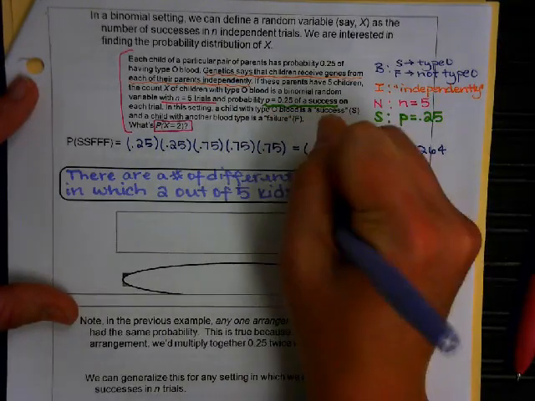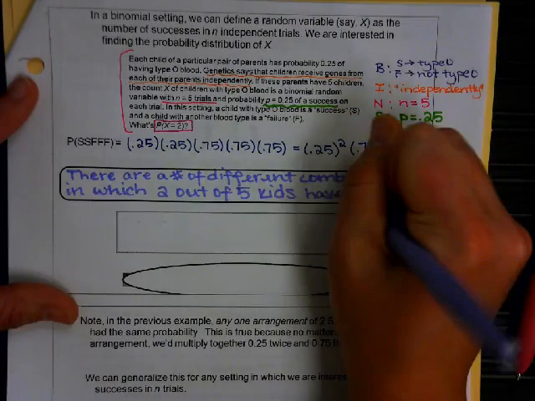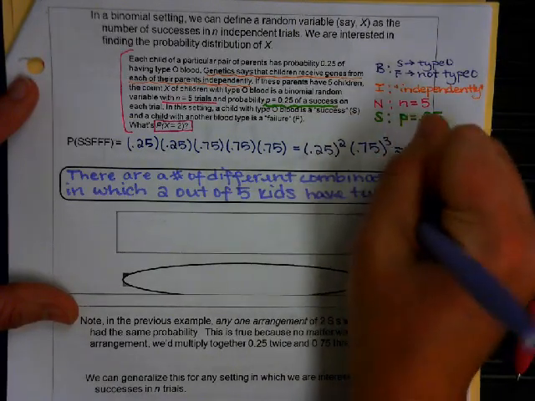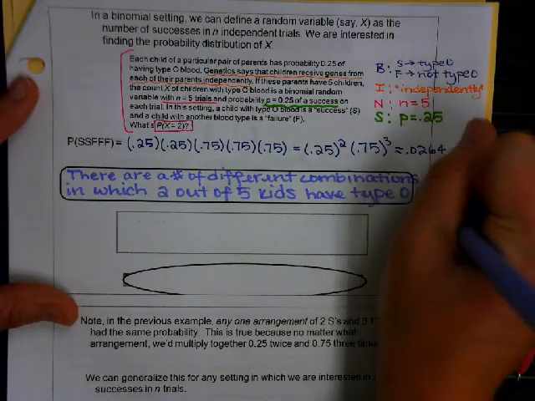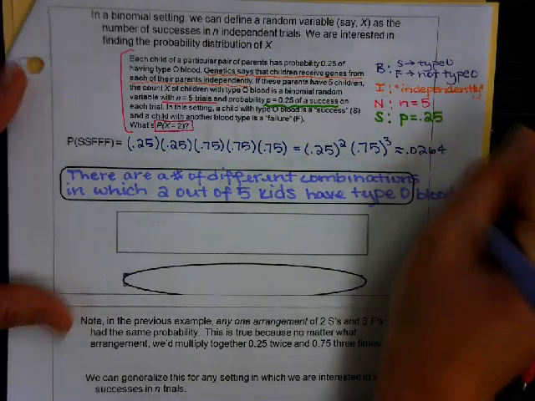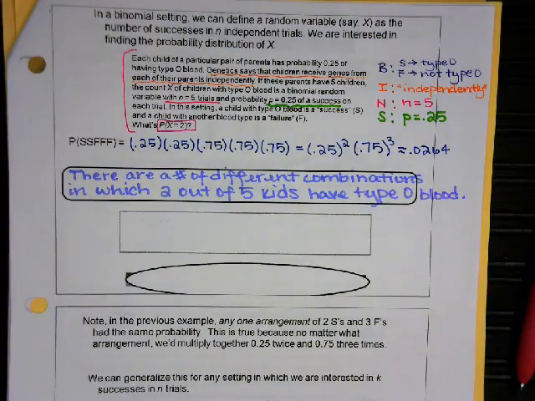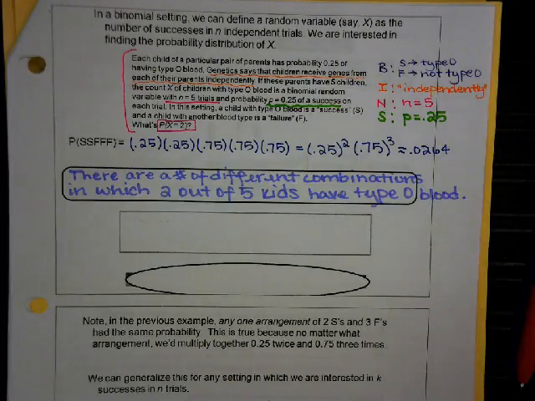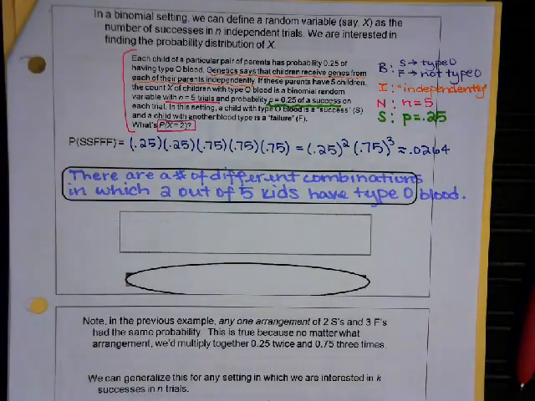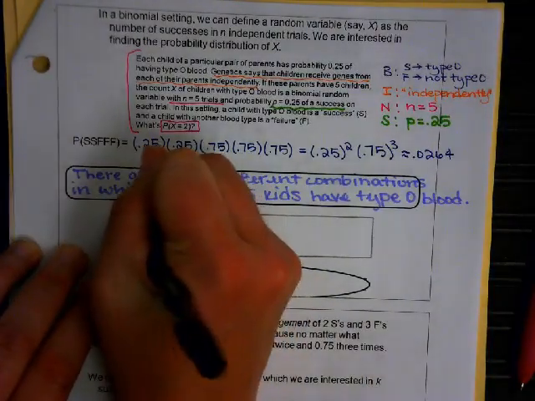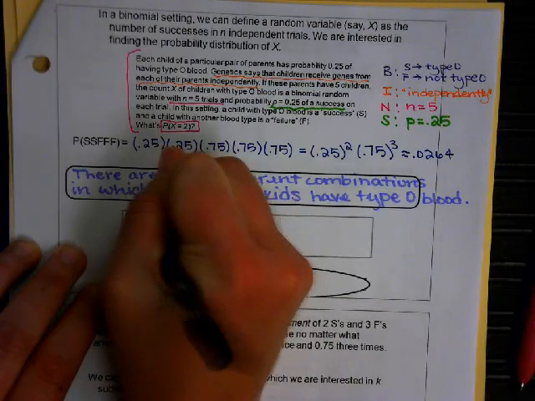So we're going to come up with the list of all the different ways we can have 2 kids with type O blood and 3 without. We're going to use S for success, so they have type O blood, and F for failure, they don't. I already gave us one: the first 2 have it and the last 3 do not. I try to be methodical when I make these lists.